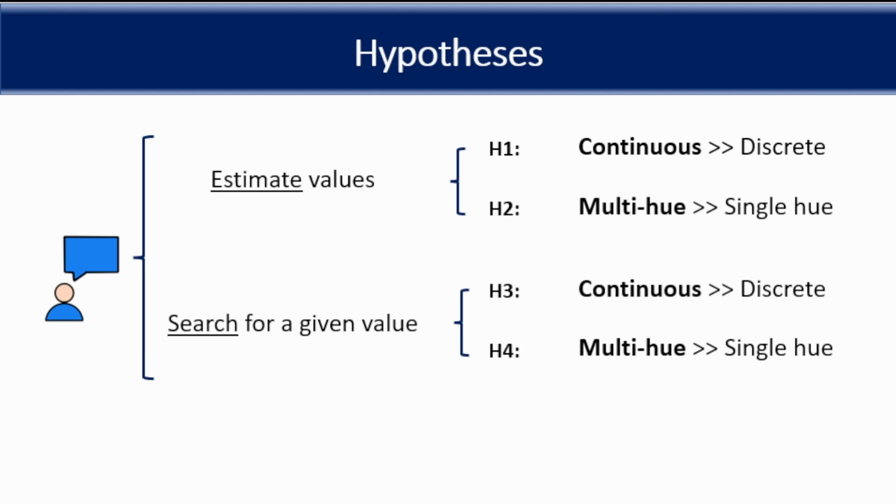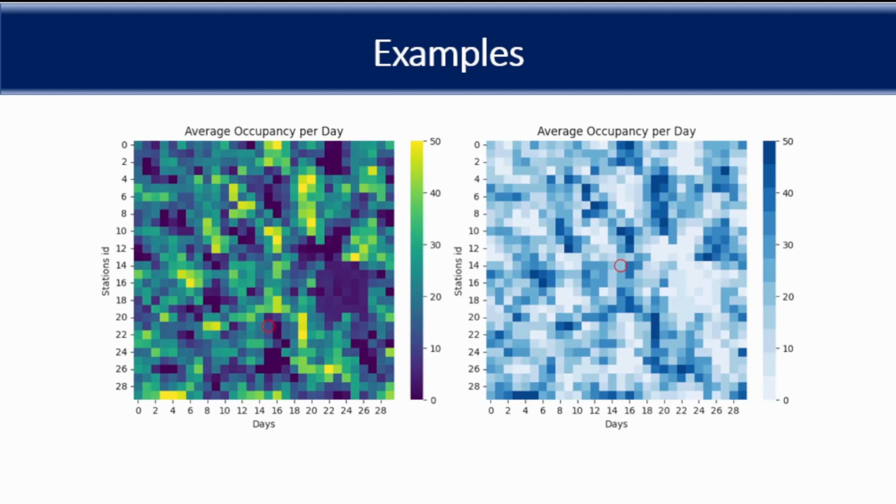The third one, continuous palettes would be better than discrete ones when searching for a given value. And the last one, multi-hue palettes would be better than single-hue palettes when searching for a given value. These are some examples of the charts created. For the first task, we needed to mark a cell and we decided to use a red circle.